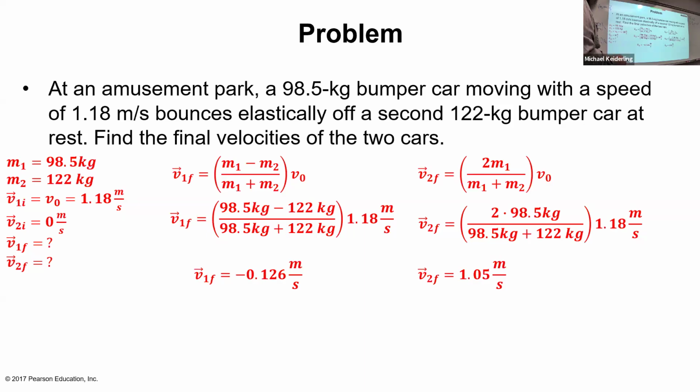So this will bounce backwards, this will bounce forwards. Most of the kinetic energy is moving forwards. That's the final velocities of the two cars.